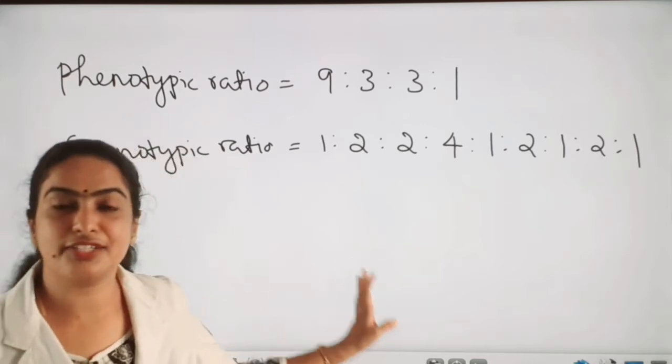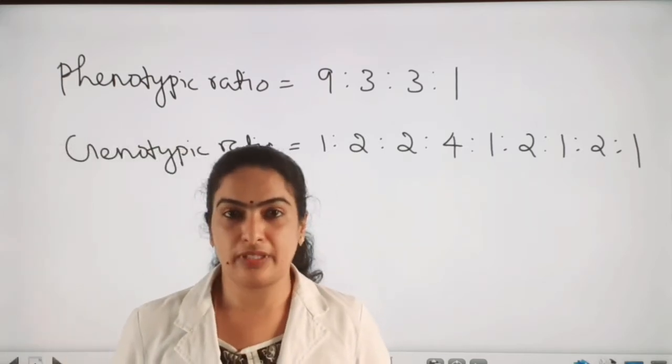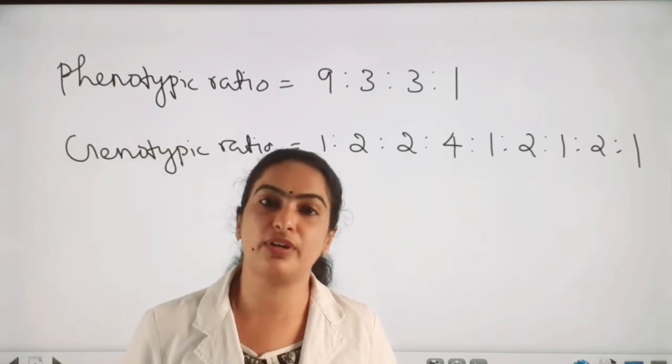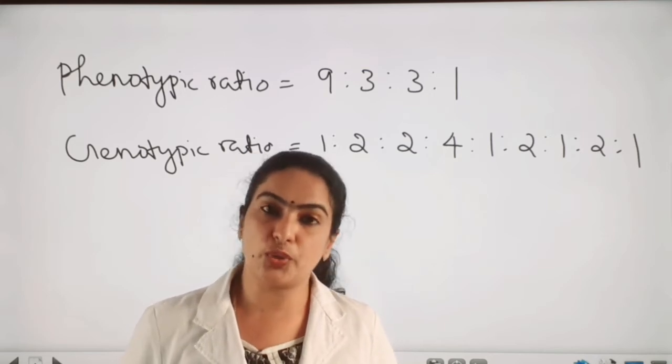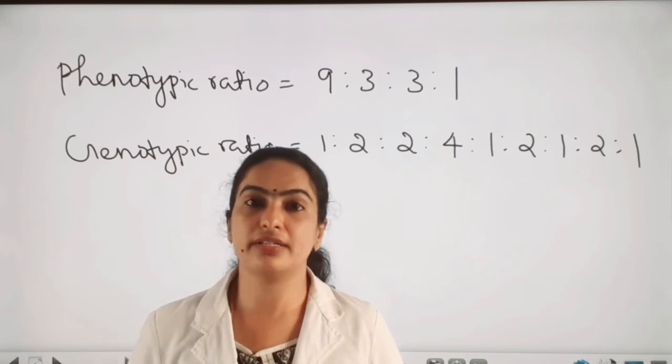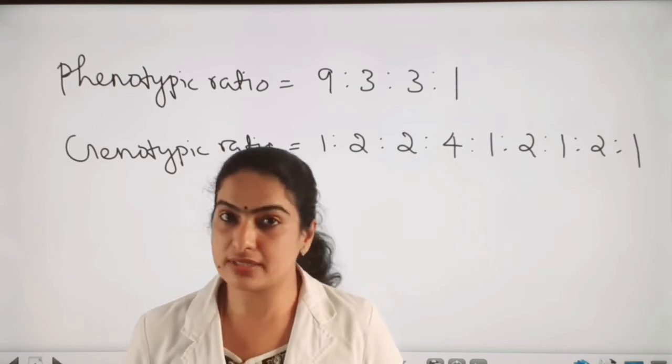So this is the genotypic dihybrid ratio. Keep in mind the phenotypic monohybrid ratio, genotypic monohybrid ratio, then phenotypic dihybrid ratio and genotypic dihybrid ratio. Is it clear?